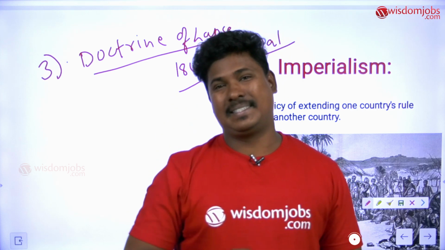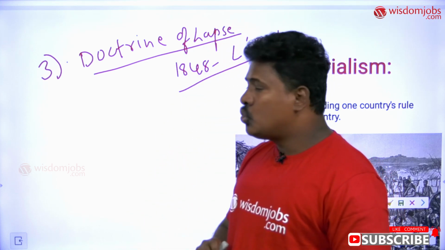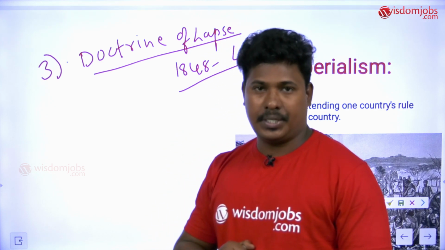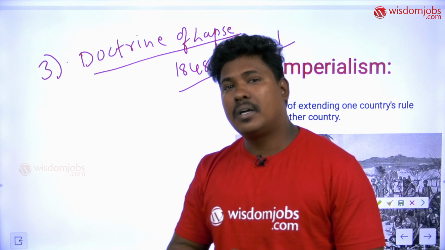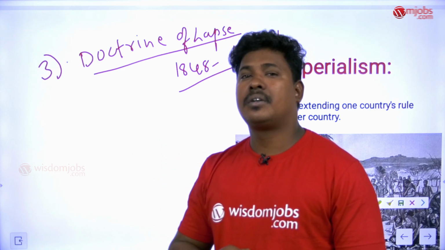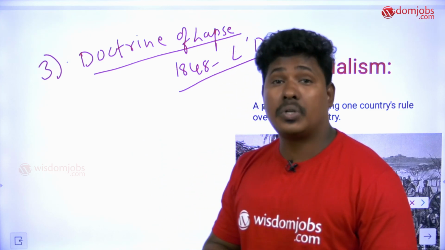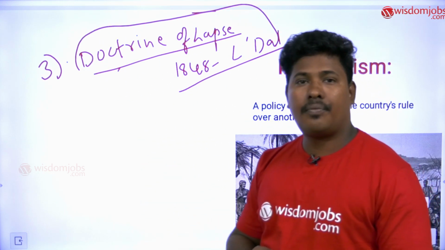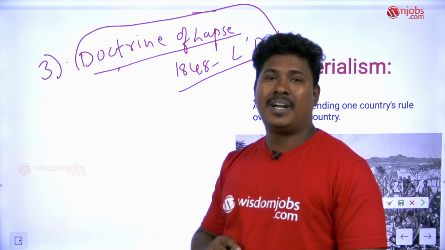Right, that was the case. And if there is no natural legal born heir to any state of India, such state comes under the control of British, according to Doctrine of Lapse of an imperialist Dalhousie.